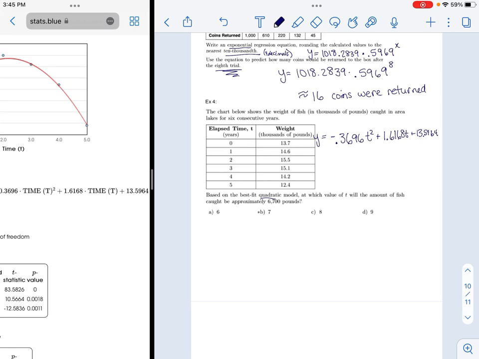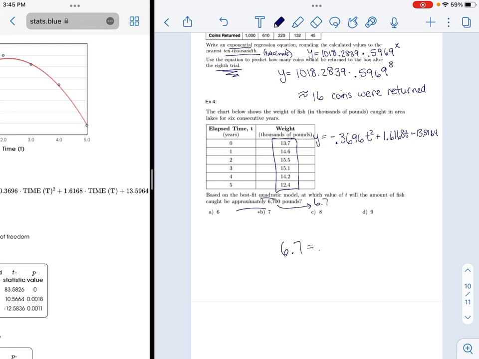The actual question is, based on the best fit quadratic model, at which value of t will the amount of fish caught be approximately 6,700 pounds? Well, since everything is in terms of this decimal, it would actually be about 6.7 that we're looking at right now.